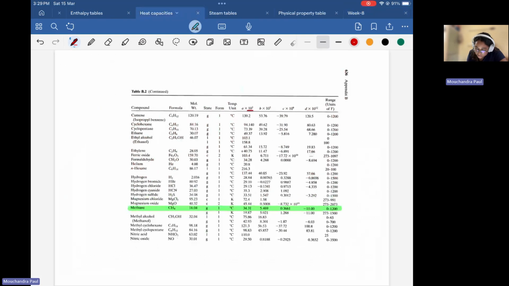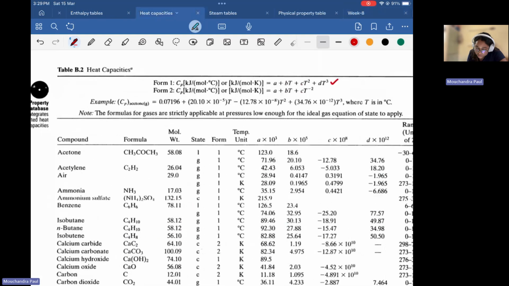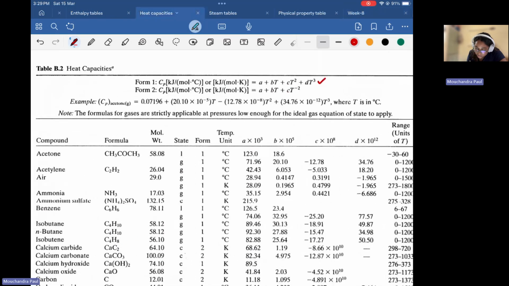You can see in the instruction on how to use this table, they have clearly mentioned with an example that, let's say, coefficient of B for acetone is 20.10, and it is multiplied by 10 to the power 5. But in the example, they have shown that you have to multiply with 10 to the power minus 5.